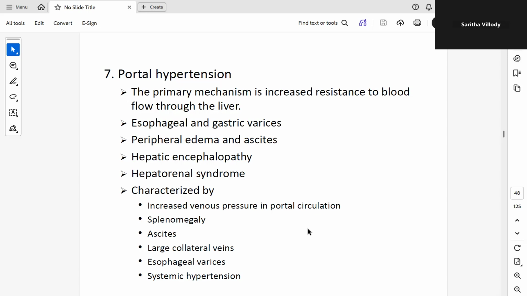Portal hypertension is one of the biggest complications of liver cirrhosis. It is characterized by increased venous pressure in the portal circulation. Manifestations would be hepatomegaly, splenomegaly, systemic hypotension, and esophageal varices.